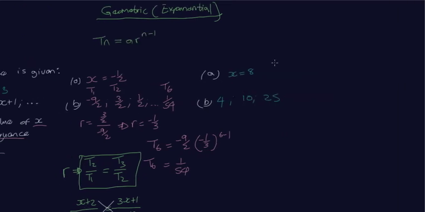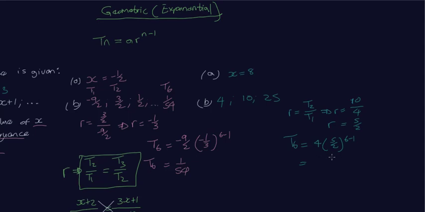Now we do the same for the other sequence we found. We know that r equals term 2 over term 1, so r equals 10 over 4, which is 5 over 2. Then substitute: term 6 equals a, which is 4, times r, 5 over 2, to the power of 6 minus 1.